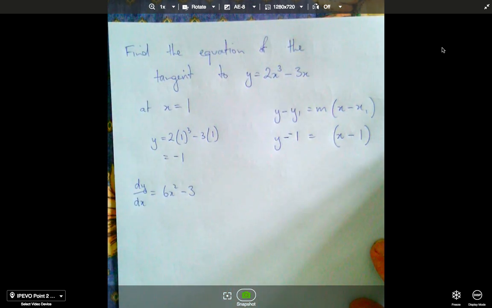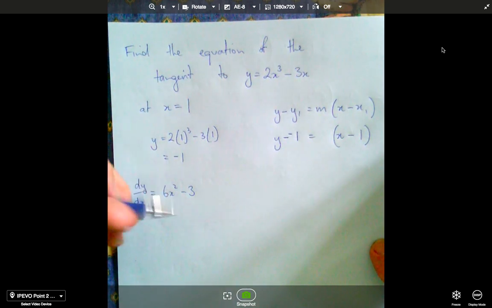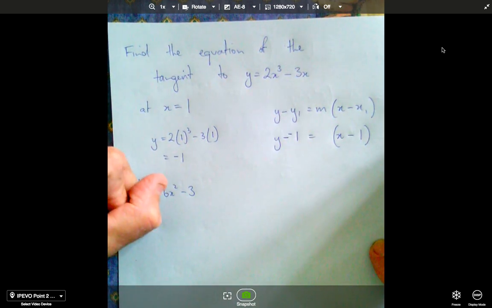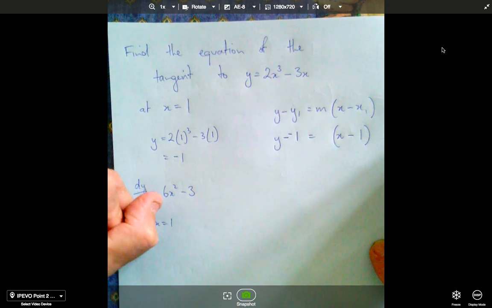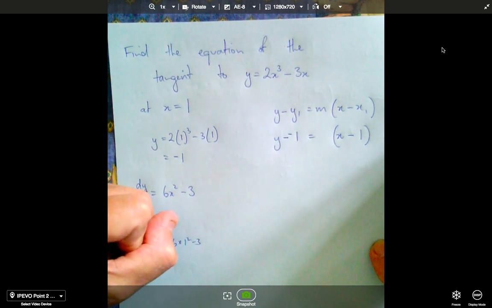This is the equation of the gradient of the tangent at any point. We don't care about any point. We want to know it at x equals 1. So again, at x equals 1, what does m equal? 6 times 1 squared minus 3, which is just 3.